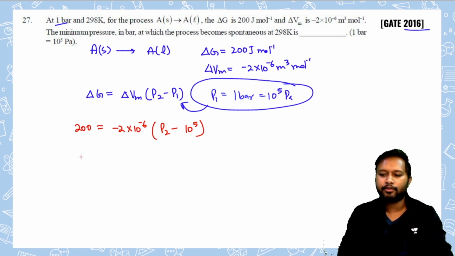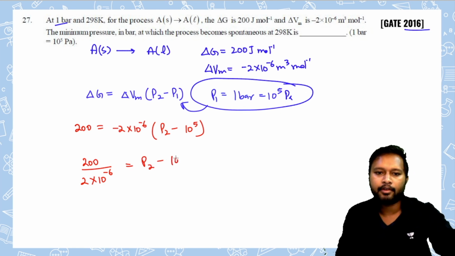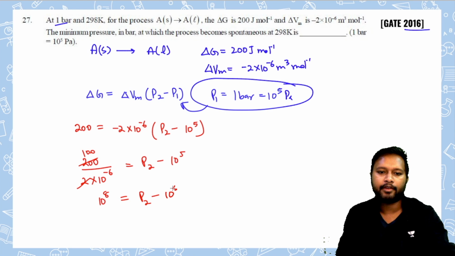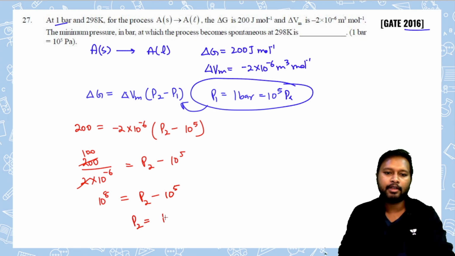So over here, when you solve this, you just have to take 200 divided by 2 into 10 to the power minus 6, and on the other side P2 minus 10 to the power 5. So you can solve this. This will be 100, and when it goes up, it will be 10 to the power 8. P2 minus 10 to the power 5. So P2 will be how much? 10 to the power 8 plus 10 to the power 5.